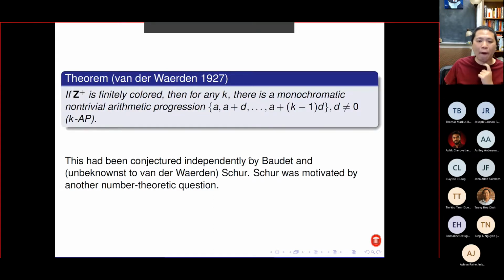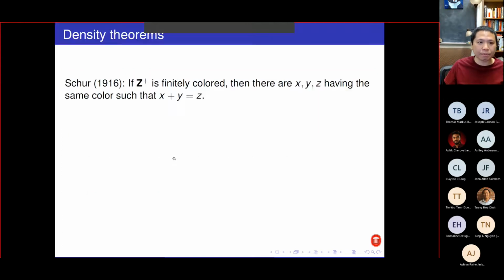All right, so at the beginning I said that there are two types of results: density results and partition results, right? And density results always imply partition results. So let's now look at these theorems and ask if we have density counterparts. Recall that Schur says that if you finitely color the integers, then you can find x, y, z having the same color such that x plus y is equal to z.